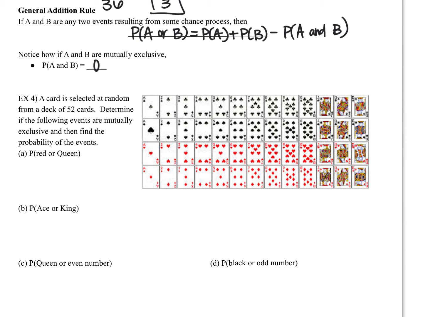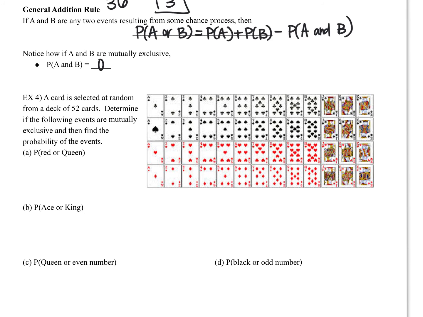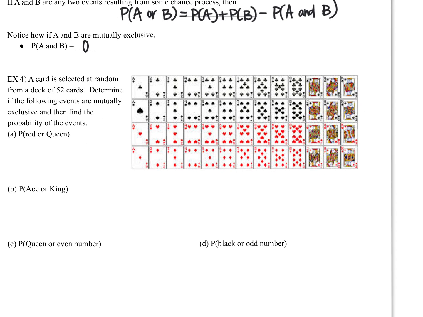So there are two different colors in a deck of cards. There's red and there's black. There are 4 different suits: clubs, spades, hearts, and diamonds. So that's what we have in this picture. We have ace to king in clubs. So this is clubs, for those of you that don't know much about cards.